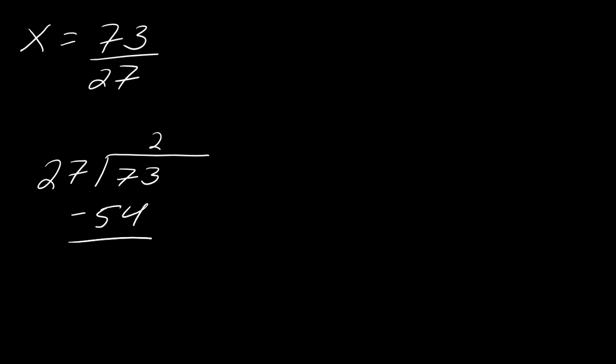But 2 times 27 is 54. And so if I were to subtract this, so let's see, I can borrow from here. So 13 minus 4 is 9, 6 minus 5 is 1, so this is going to be 19. So one answer format here would be that this is the mixed number 2 and 19 over 27.